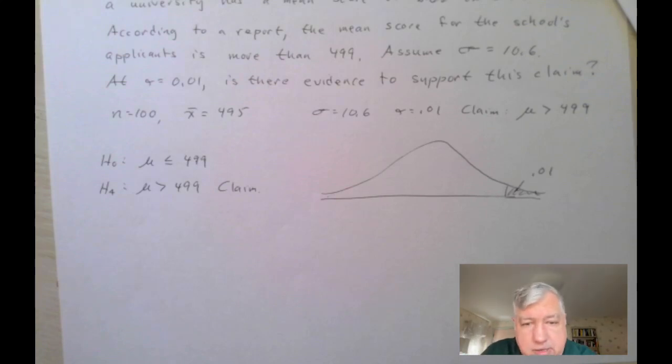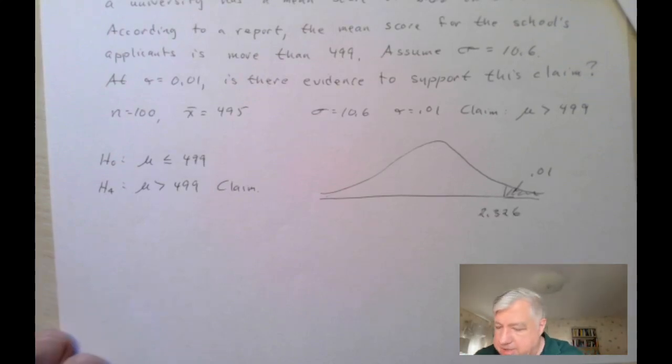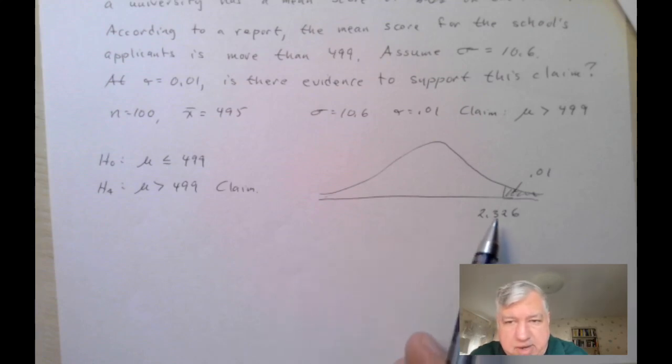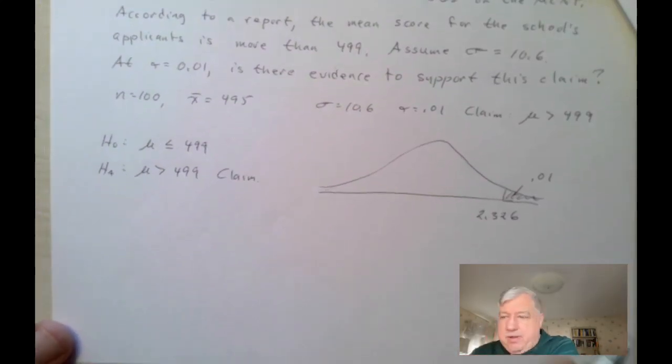Let me just pause the video and calculate it myself. Yep, there it is. So the inverse norm of 0.01 is negative 3.26, but we want the positive value here because it's a right tail test. So that's our critical value.